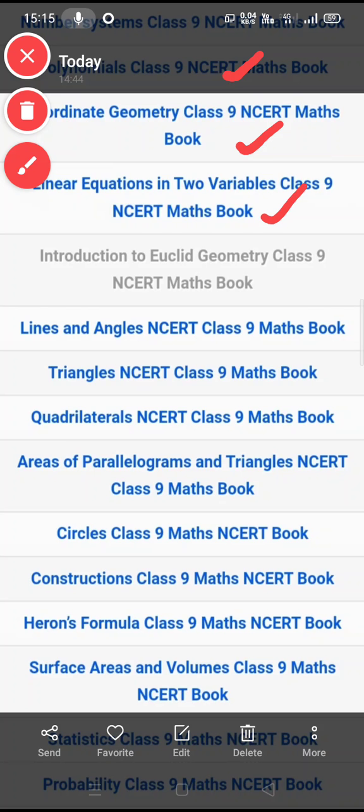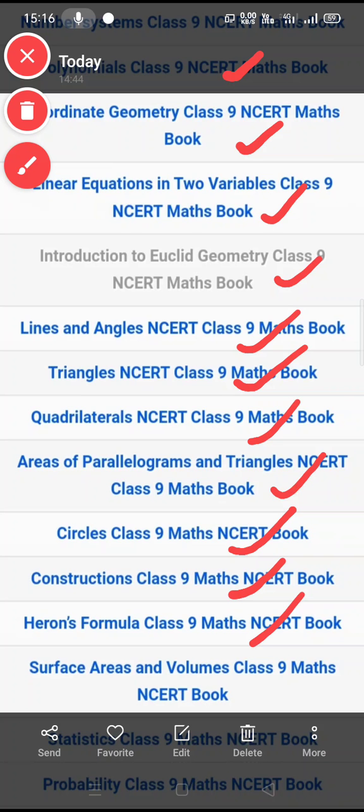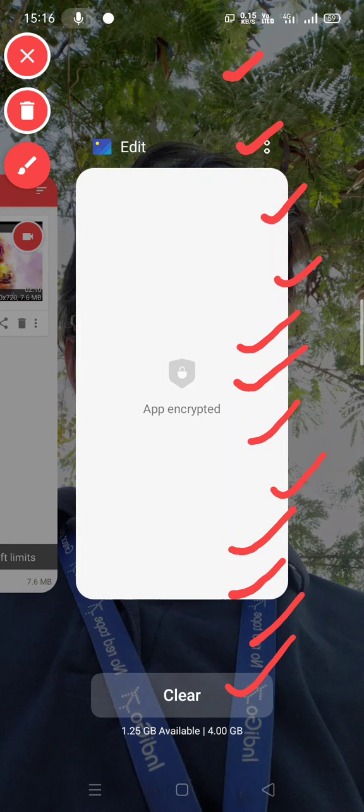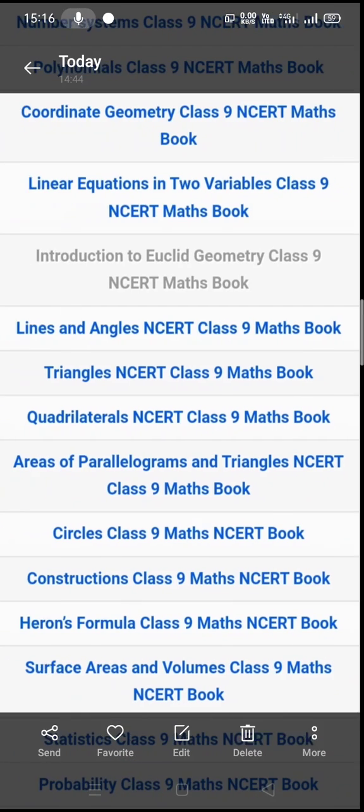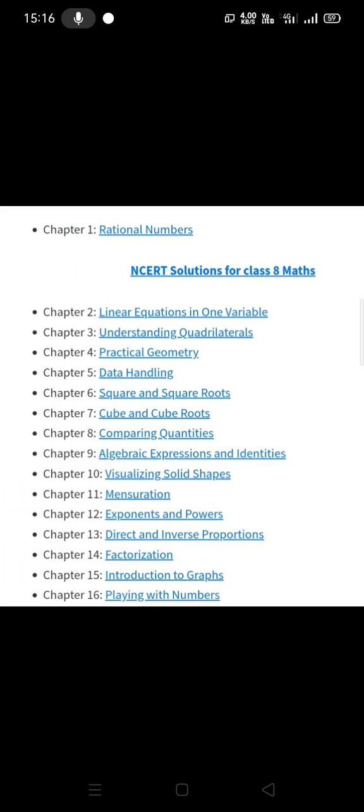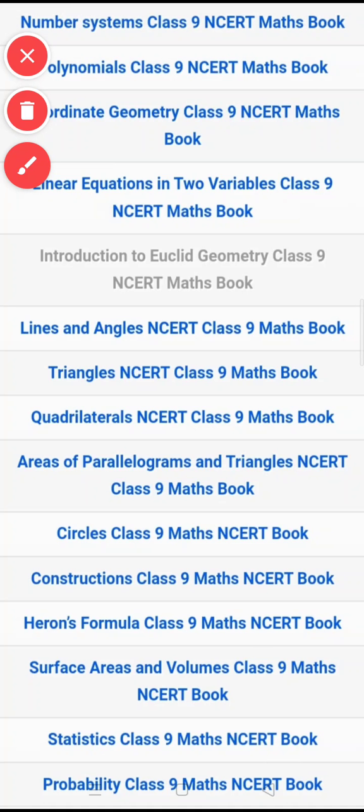The fifth chapter is introduction to Euclid's geometry, and the next chapters are lines and angles, triangles, quadrilaterals, areas of parallelograms and triangles, circles, constructions, Heron's formula, surface areas and volumes, then statistics, and then probability.